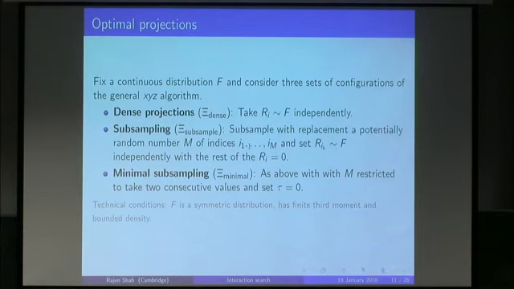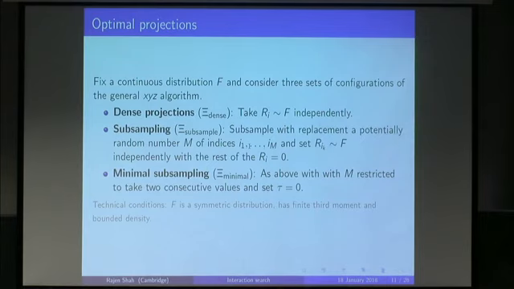One obvious choice is to take the elements of this random projection vector R to be IID with some fixed distribution F, Gaussian for example. That was the first thing that we thought of, and perhaps it's a natural choice. I'm thinking of this as a subclass of all the algorithms, where I'm leaving this parameter tau free, so we don't yet know how to pick that.